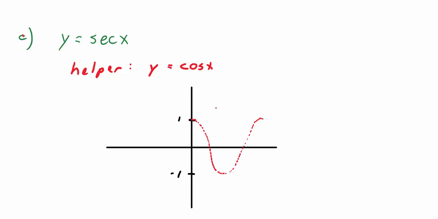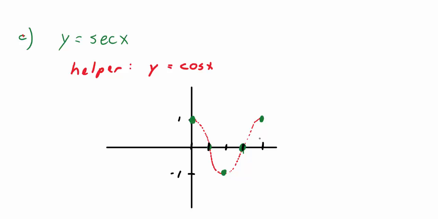Right? And so you're essentially plotting these 5 points: the intercepts, the minimum value, and the maximum value, corresponding to the hash marks. And so what's the period of the cosine?